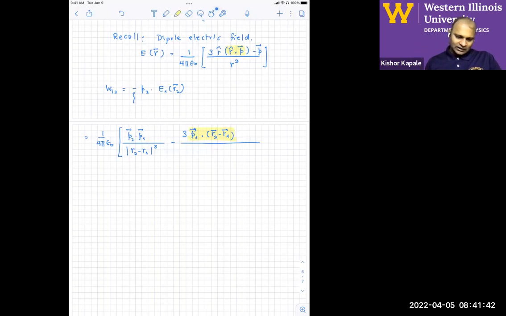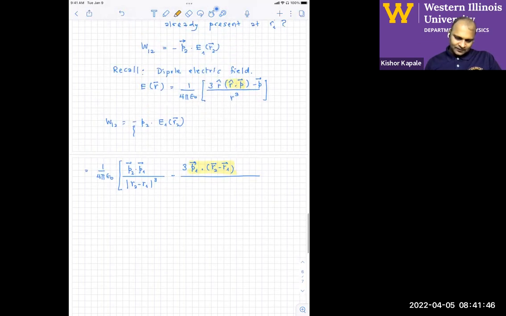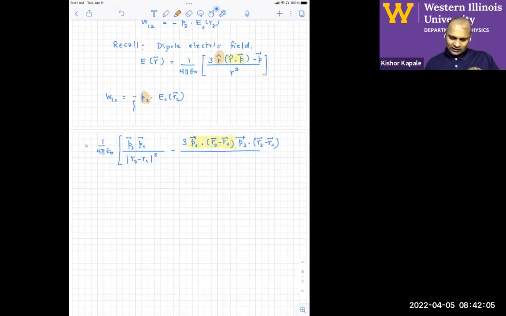And then let's use a different highlighted color for this term multiplied by that. That's the term that I'm going to write down now, which is going to be P2 dotted with R2 minus R1. Okay, and let's highlight that.